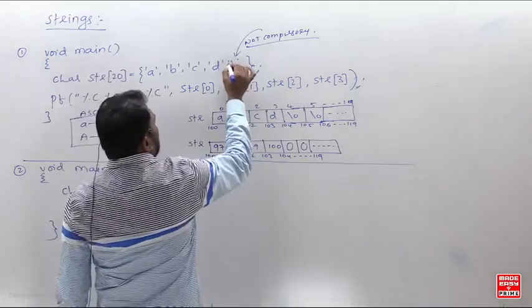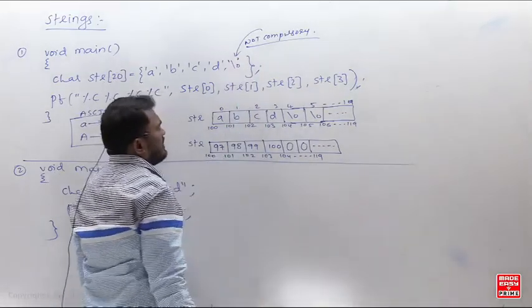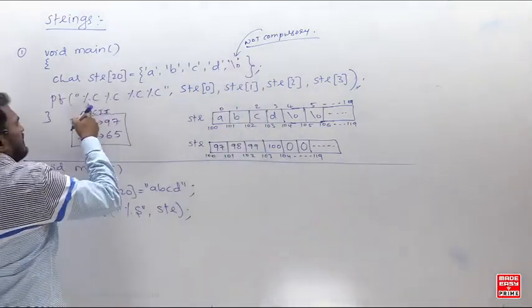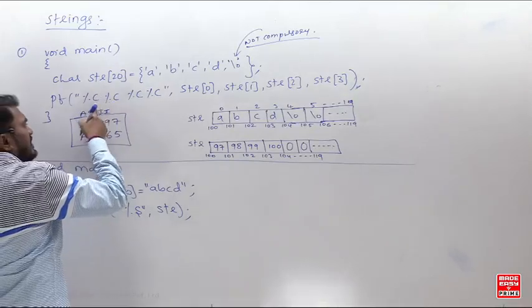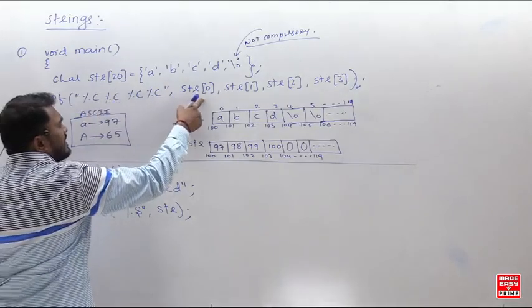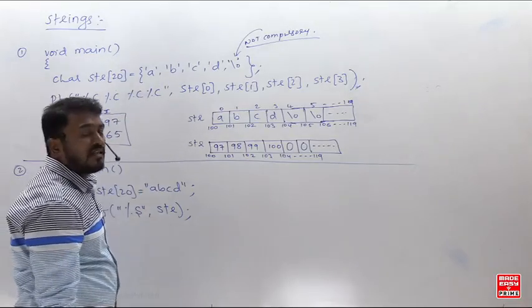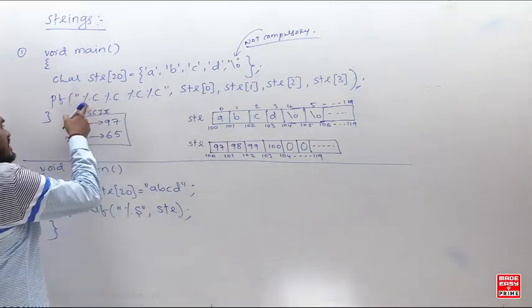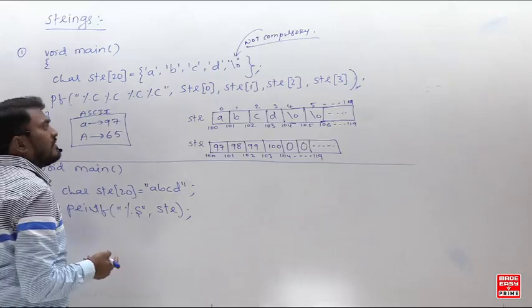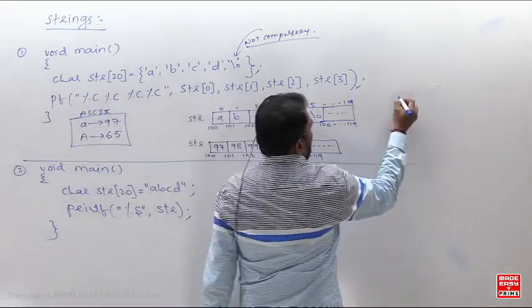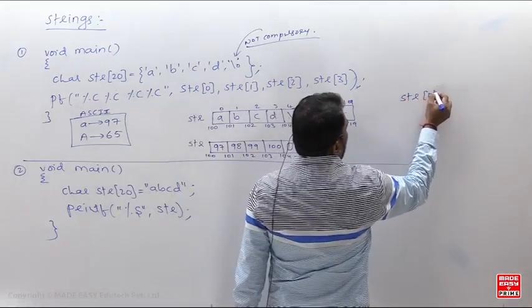So even if you don't write this, automatically remaining all will be null characters. Next is printing with the character %c. What should %c be given? It should be given the ASCII value. If you want to print the character, %c expects the ASCII value. So it means str[0]. Look here, str[0].